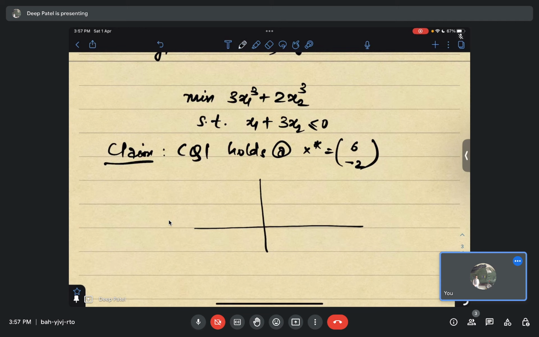Right, so how do we go about this? I'm just writing this: x1 plus 3x2 less than or equal to 0.